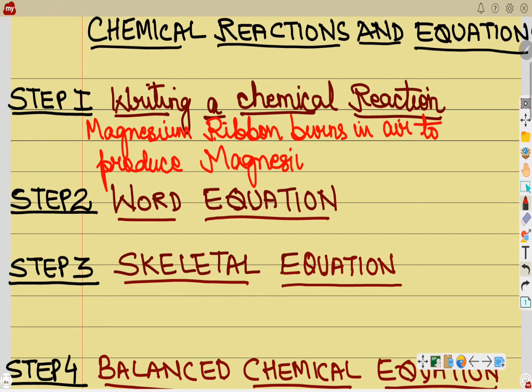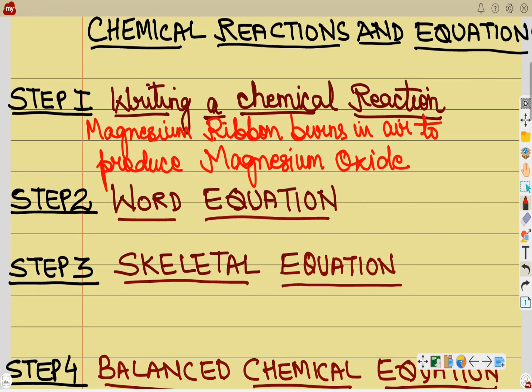This is a chemical reaction. Such a long sentence which says magnesium ribbon burns in air to produce magnesium oxide. Then this is a chemical reaction. A chemical change has taken place.